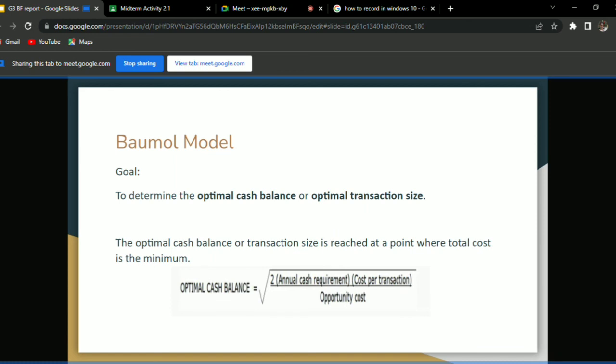Kailangan if 45 million gyud imuhang ibutang, dili nang 45 ra, kay maglisod ta inig square root na sa final. So again, 2 times 45 million times 30 divided by 12%. Nya, square root ana is 150,000.